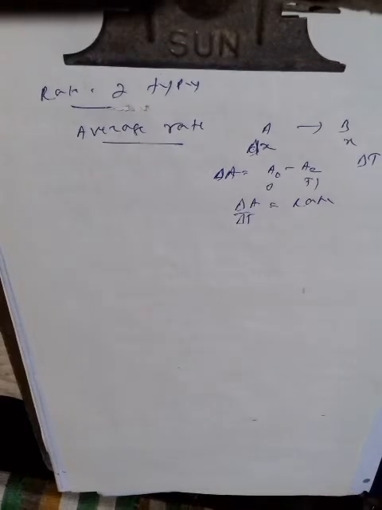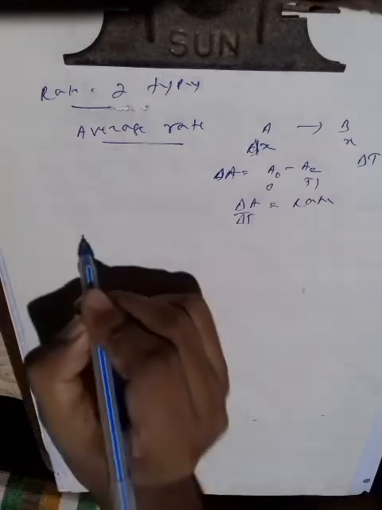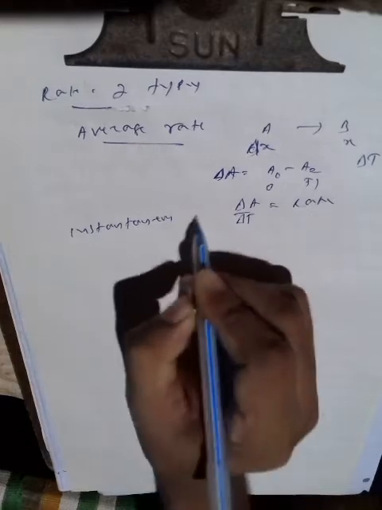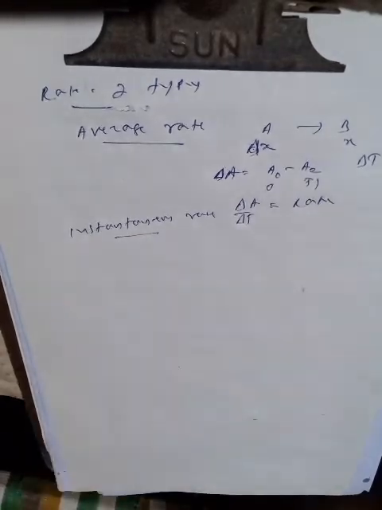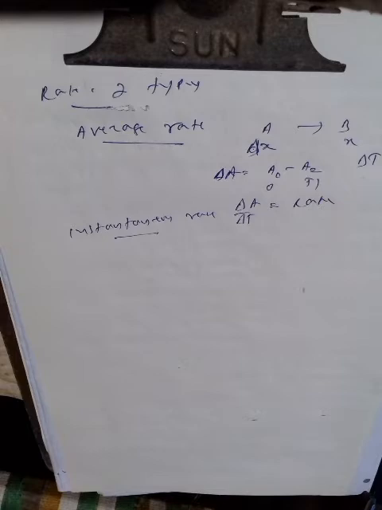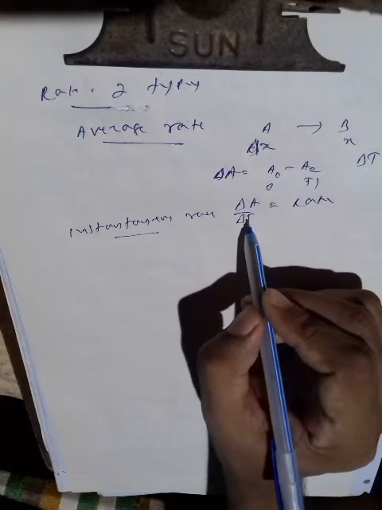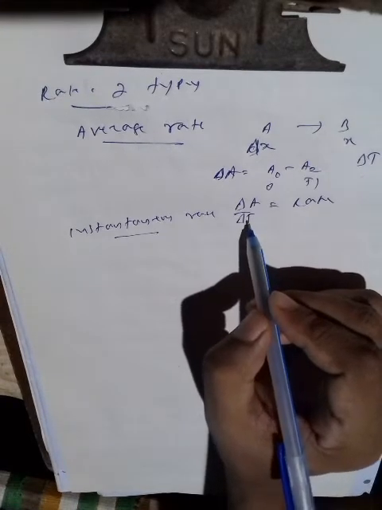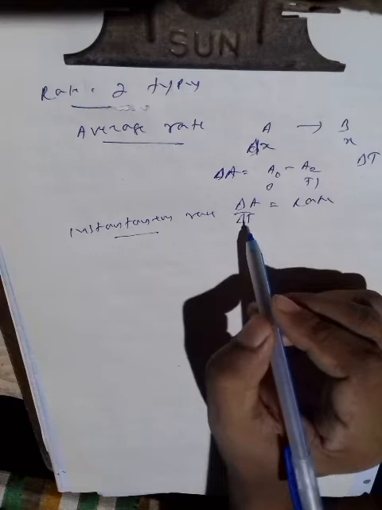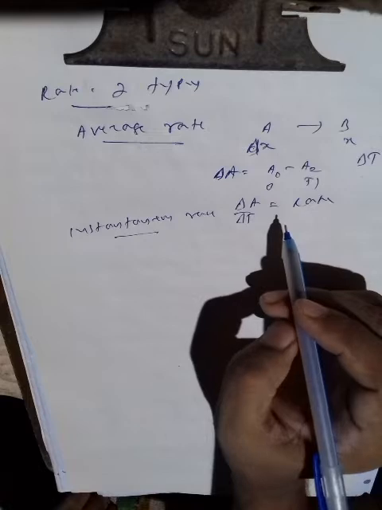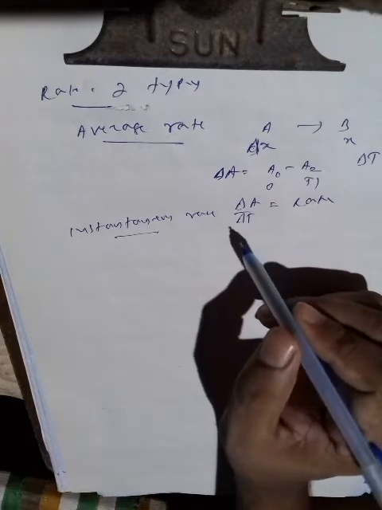You have to know one thing here: instantaneous rate and average rate. Second is instantaneous. Instantaneous means at any instant of the reaction, a very small time interval. When the time interval chosen is very small, we can say the rate of the reaction is the instantaneous rate.